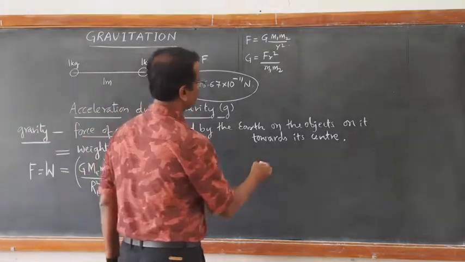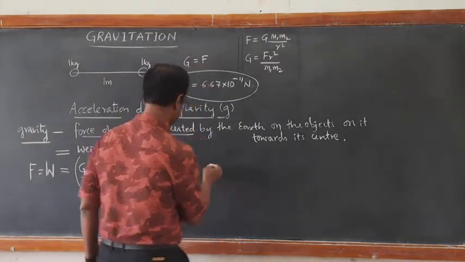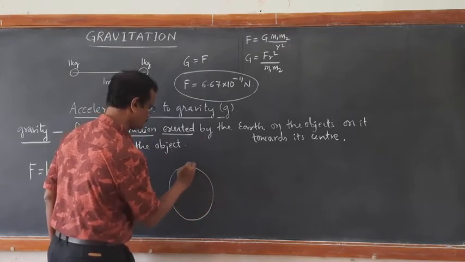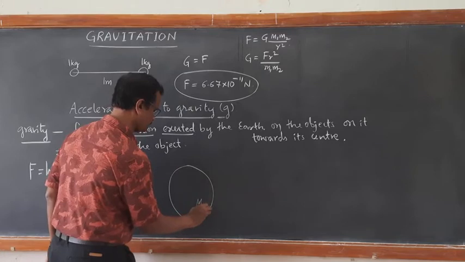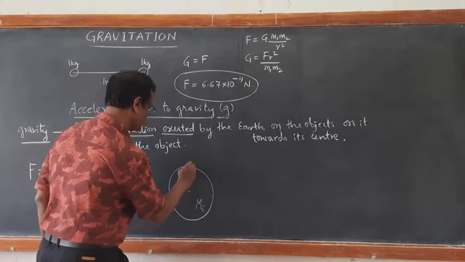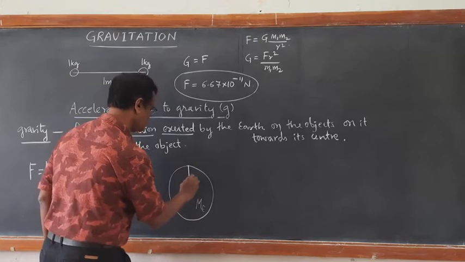So pictorially I can show you, if this is the earth of mass, say me represents the mass of the earth, and if this is the radius of earth, right?